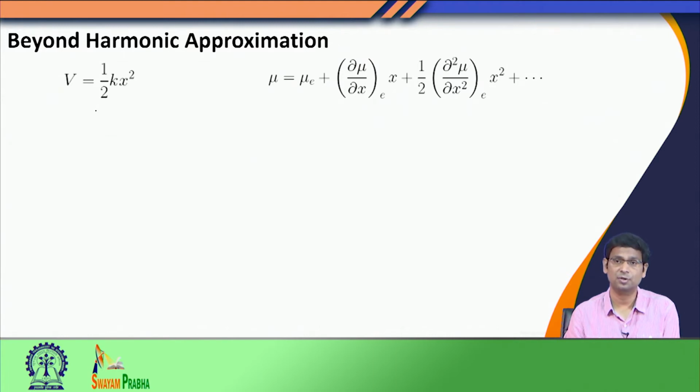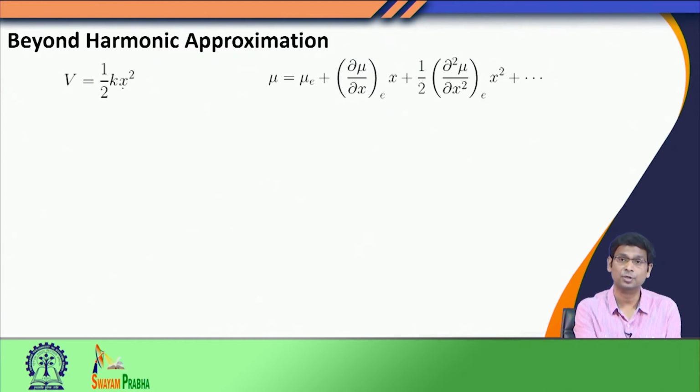And the second assumption or limitation that we had in our previous discussion is that we took the electric dipole moment and did a Taylor series expansion. So this is the 0th order term, this is the first order term, second order term, and so on. We often truncate after first order, we ignore the second order and higher order terms, and that also provides another approximation. Both of them are called harmonic approximation.